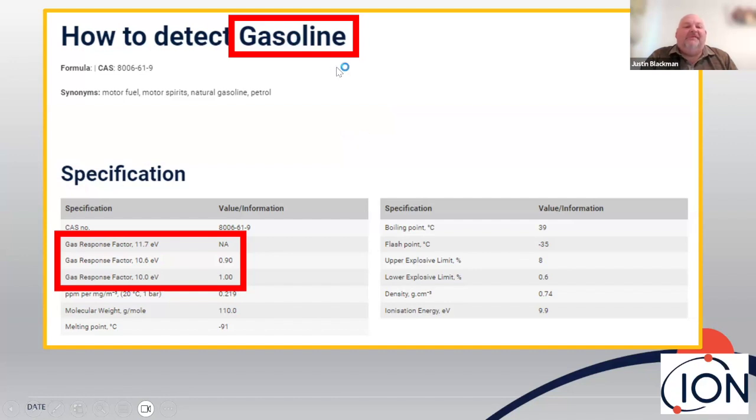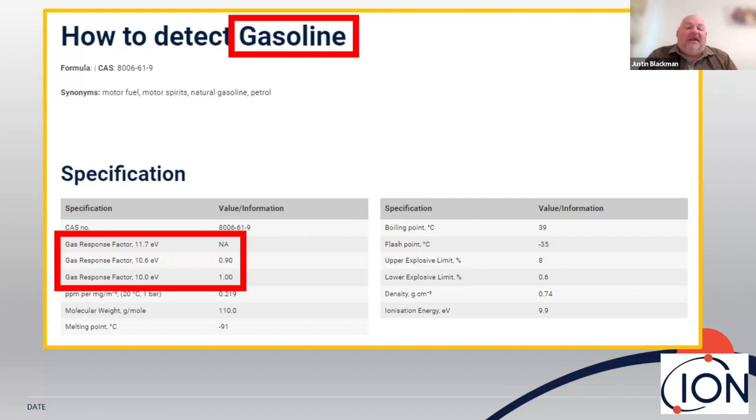For example, here I'm showing from the Ion Science website for gasoline, we see the gas response factor on the middle line from the red section of 0.9. That means that when testing gasoline, we found it to be slightly more responsive than the industry standard isobutylene.